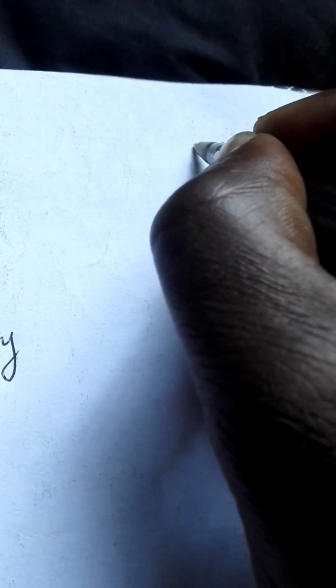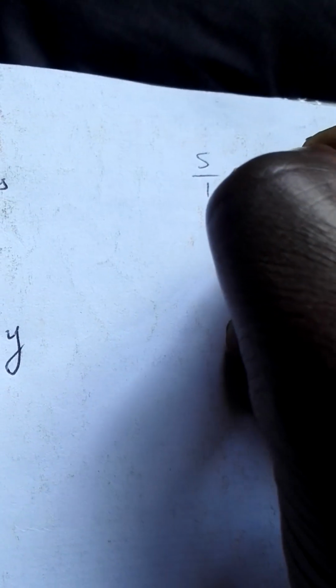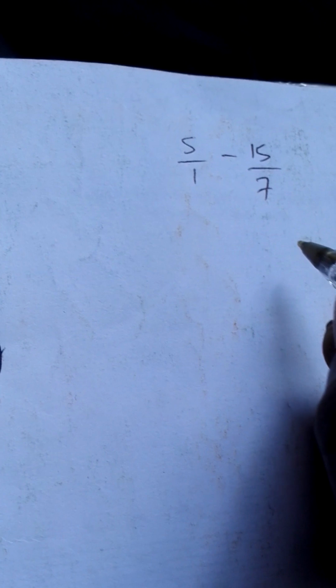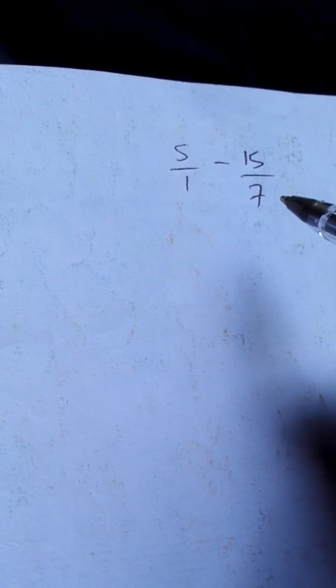So let us continue and simplify from here. 5 divided by 1 minus 15 over 7. This is our x.